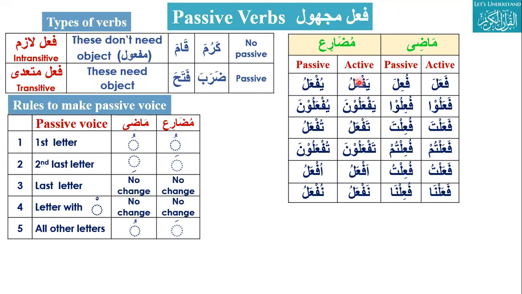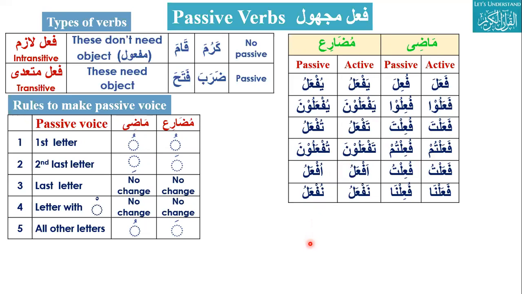Here in mudare is u-a sound. Yaf'alu, yuf'alu. Yaf'aluna, yuf'aluna. Taf'alu, tuf'alu. Taf'aluna, tuf'aluna. Af'alu becomes uf'alu. Naf'alu becomes nuf'alu. Okay? Make sense?